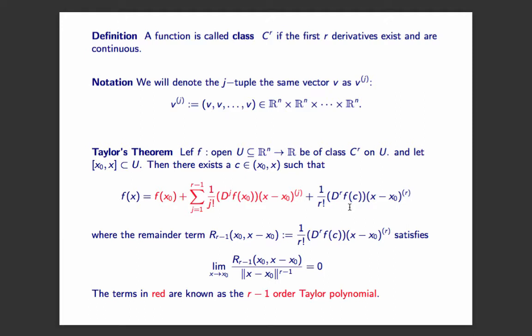My remainder term is scaled by 1 over r factorial, which is a small number if r is big enough, times the rth derivative of f at some point c. So this last term is my remainder.